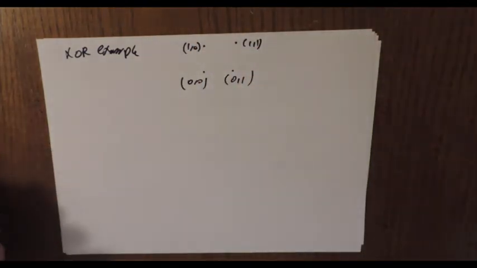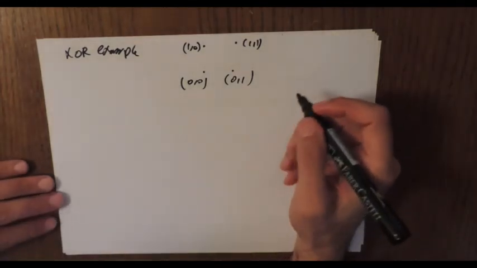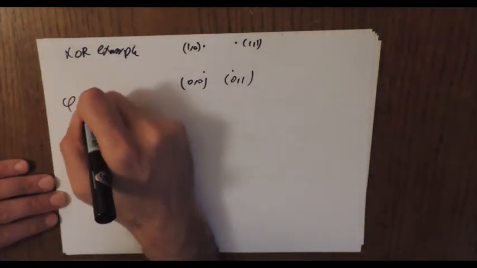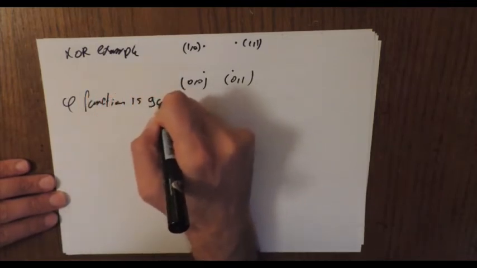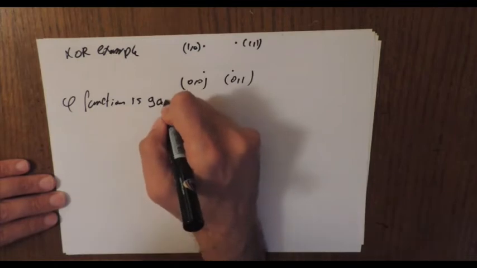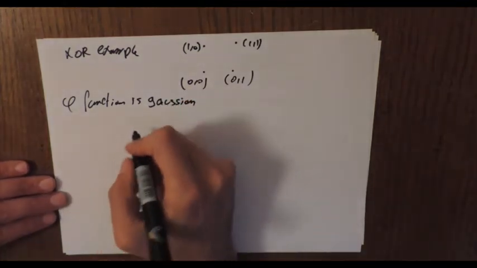So we want to define a pair of hidden Gaussian functions. Let's say that the phi function is Gaussian. Of course we can have others, but for the sake of simplicity, let's take these two.